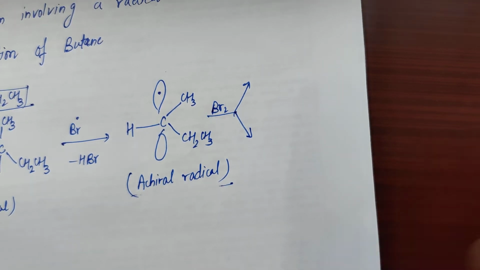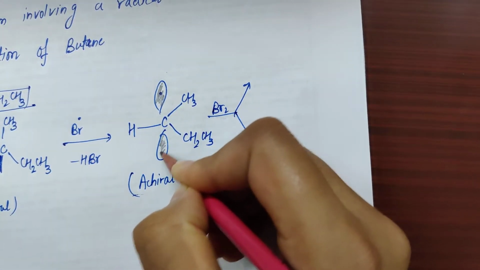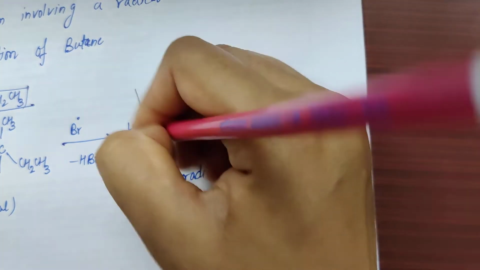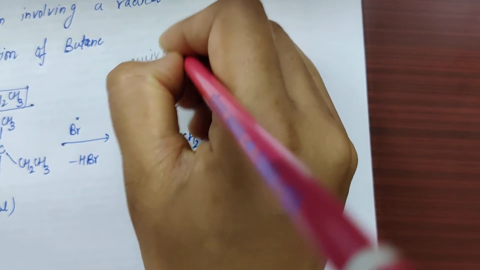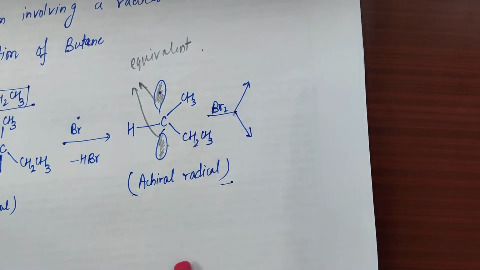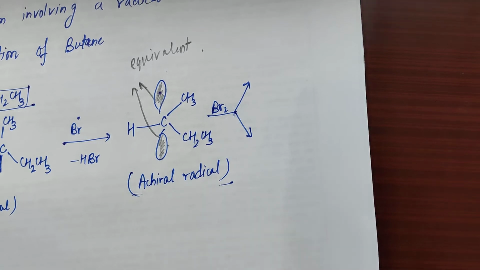So what happens, these two lobes of the radical are equivalent. These two lobes belong to the p orbital, so these are equivalent. So the attack can equally likely happen from the top or bottom face, and that will give us a racemic mixture.